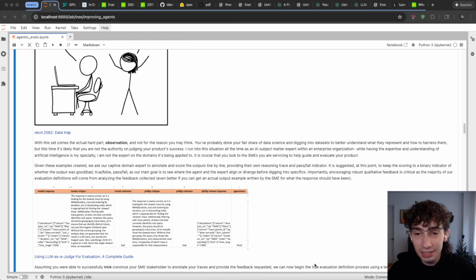It may be tempting, and you may think that you have a lot of this expertise to be able to annotate the inputs and outputs, but I have seen that the most effective and most useful information comes from actually partnering with an expert in the domain that you're applying to.